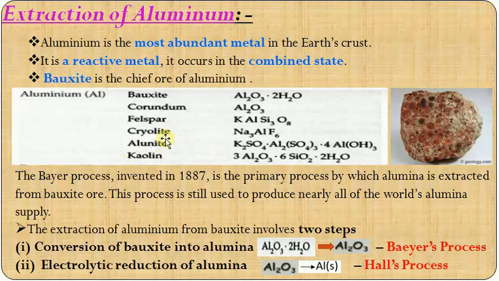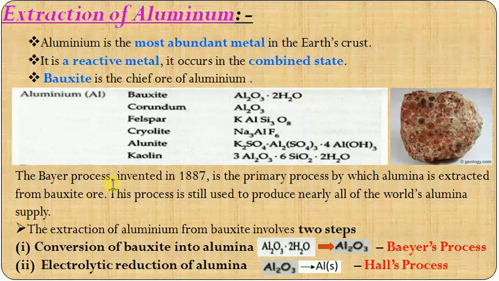This alunite ore is available in Punjab area. All these ores are available as minerals. Out of these minerals, bauxite is considered as the chief ore of aluminium. The bauxite is available in India mainly in Karnataka and Madhya Pradesh and other parts of India.